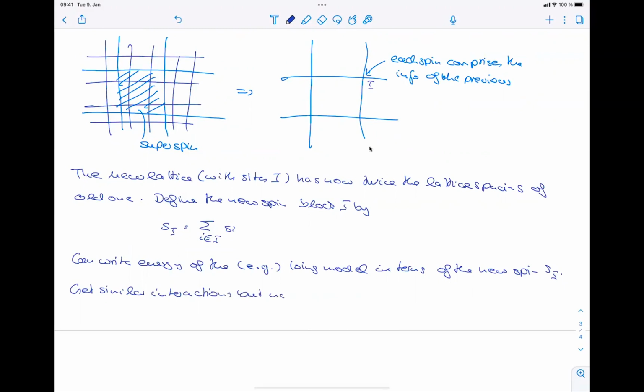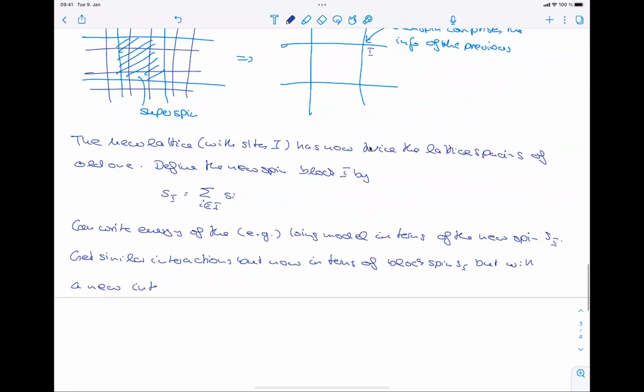But the difference is that it's now in terms of block spin S_I, but with new interaction strengths K prime, which is some kind of function of the previous interaction strengths.